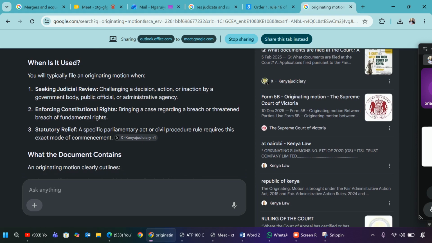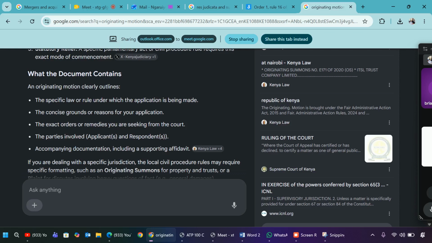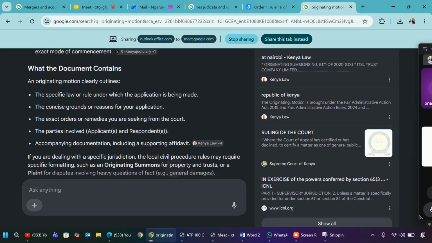You will typically file an originating motion when seeking judicial review, where you are challenging a decision, action, or inaction by a government body or public official, or you are enforcing constitutional rights, bringing a case regarding a breach or threatened breach of fundamental rights, or a specific parliamentary action or civil procedure rule requires this exact mode of commencement. So an originating motion clearly outlines the specific law or rule under which the application is being made, the concise grounds or reasons for your application, the exact orders or remedies you are seeking from the court, the parties involved, and the accompanying documentation.